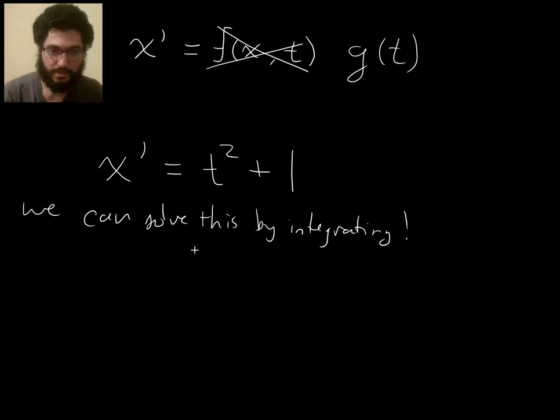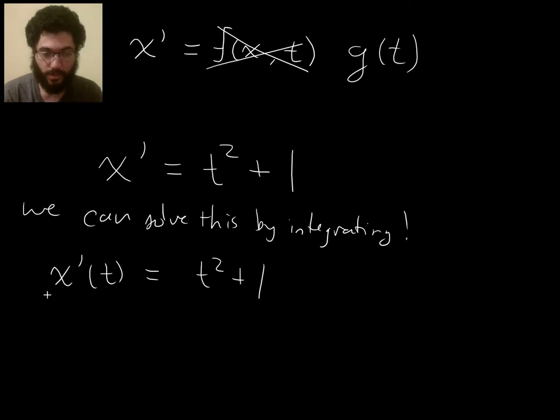So let's do that. Let me write it more carefully first. When I say x prime, I mean x prime of t equals t squared plus 1. And when I'm writing down a differential equation, what we refer to as a solution is a function x of t that satisfies it. So what does this differential equation demand of x of t? It demands that the derivative of x of t be t squared plus 1.